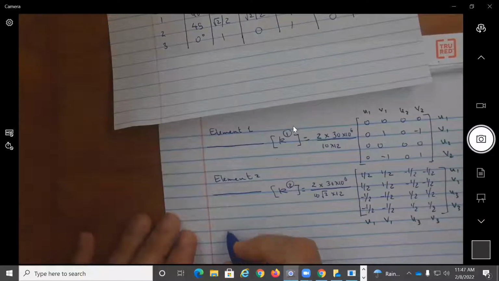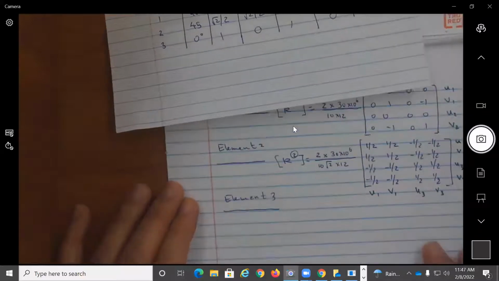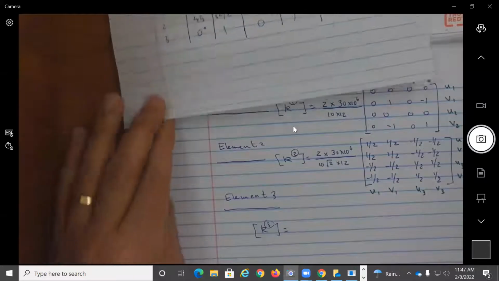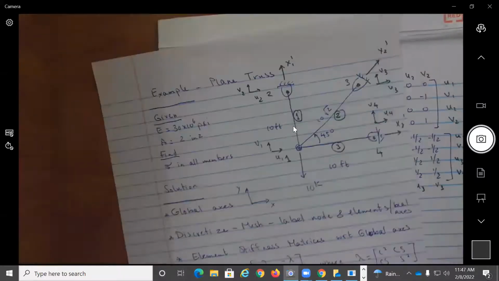Next, we're going to look at element 3. And this is element 3.